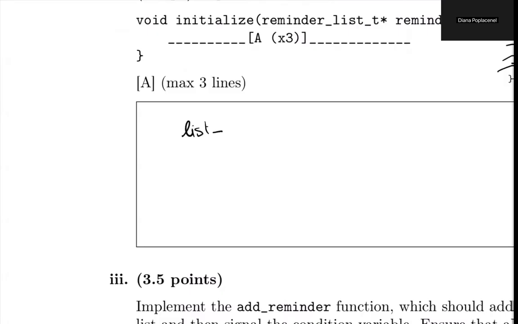So I'm going to write out some pseudocode for the sake of time. So list init at reminders, I'm just going to call it rem for now. And then I have lock init.